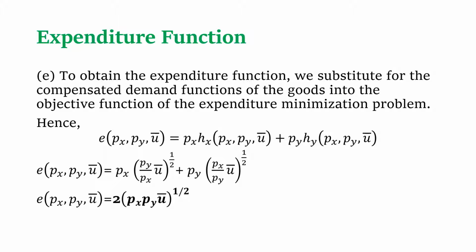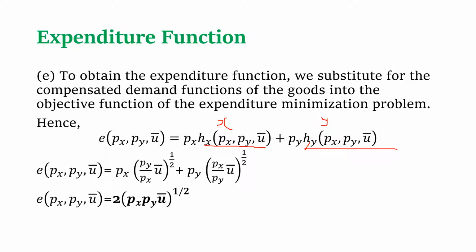Now to obtain the expenditure, what we do here is we just plug those Hicksian demands into the objective function. We multiply the Hicksian by the price. Remember, we had x here, but we are not going to say x, we are going to put the Hicksian demand function, right? Here we have y, we are not going to put y, we're going to put this Hicksian.